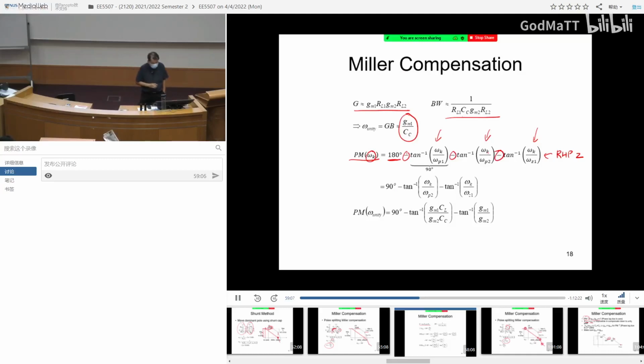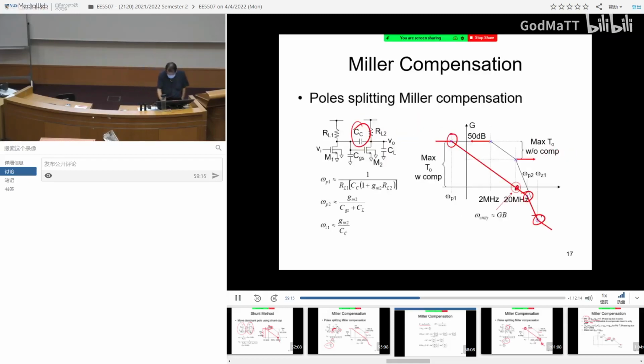Okay? Now unity gain frequency usually is very big. Okay, unity gain frequency, where is it? Somewhere here. So it's definitely very big compared to this guy. But it might not be very big compared to the non-dominant pole and also the zero. But it's definitely very big compared to the dominant pole.